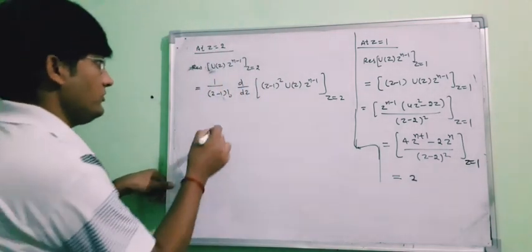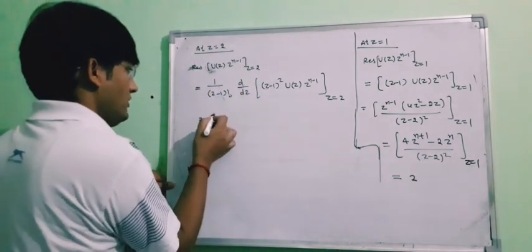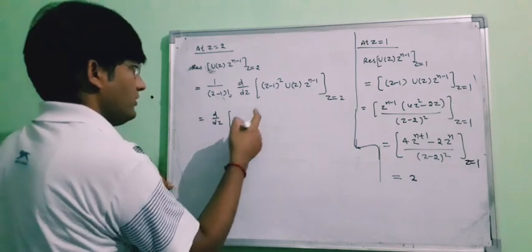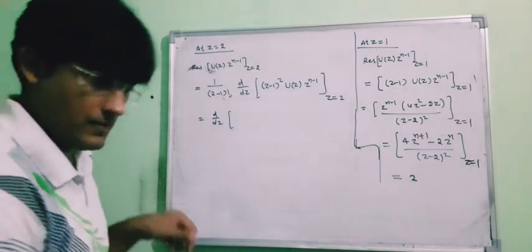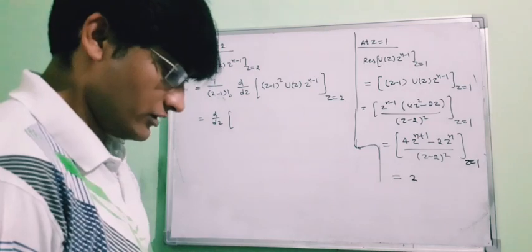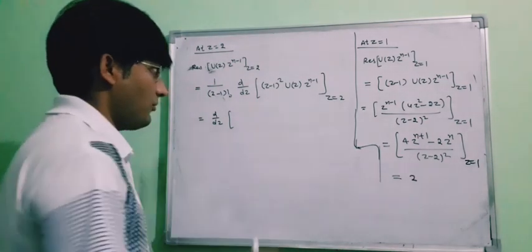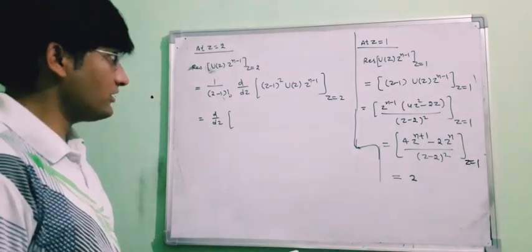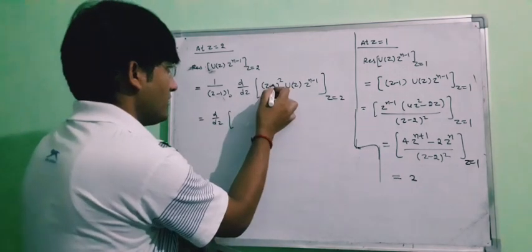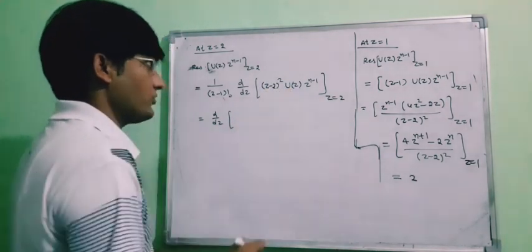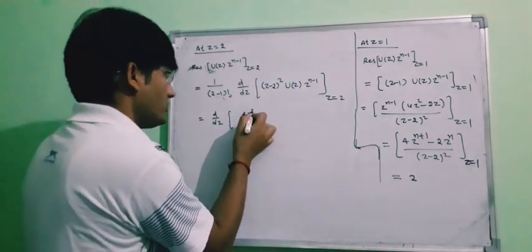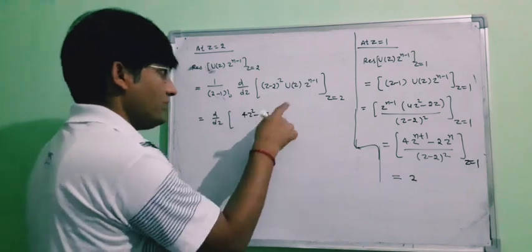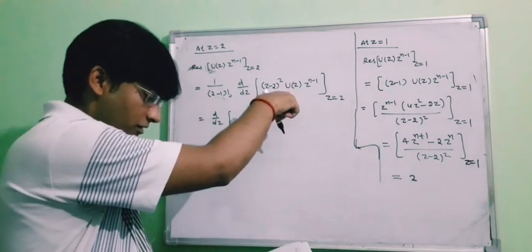So this is equal to 1 into d by dz of, now my u(z) was (4z square minus 2z) upon (z minus 1) into (z minus 2) whole square, because we are finding the residue at z equal to 2.